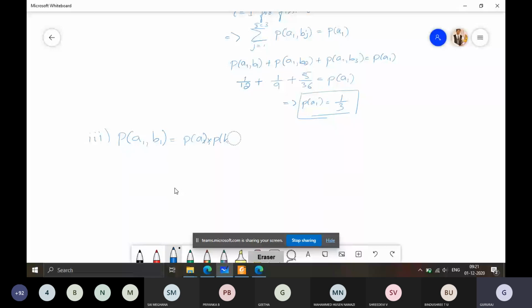The joint probability of A1 with B1 should be equal to P of A1 into P of B1. Whether this is true, let's see.